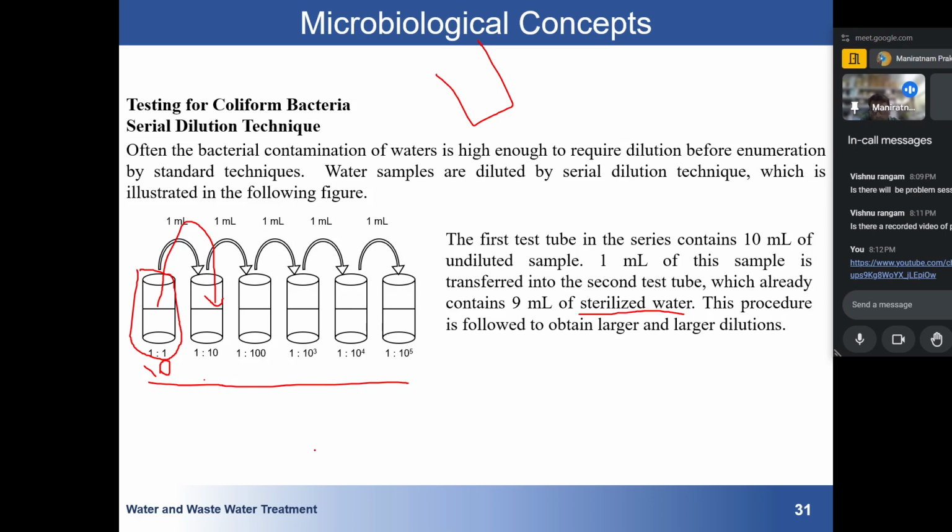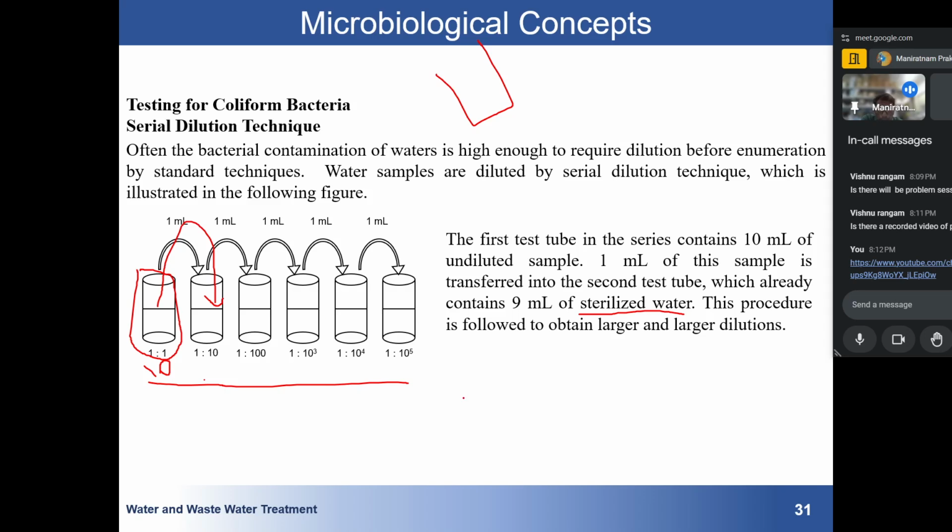There are two cases: the pathogens might be present in the sample, and pathogens might not be present in the sample. So we have to check a probability. Here we are not going to direct numbers, we will just check the probability of whether I have collected pathogens, okay.